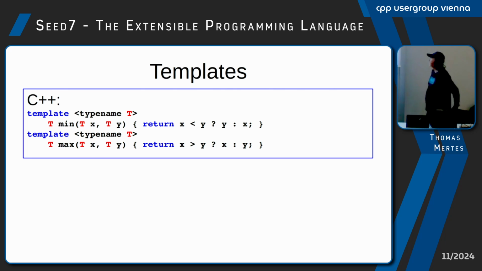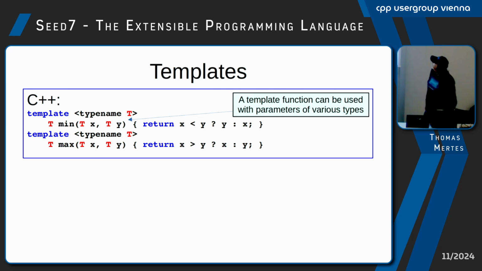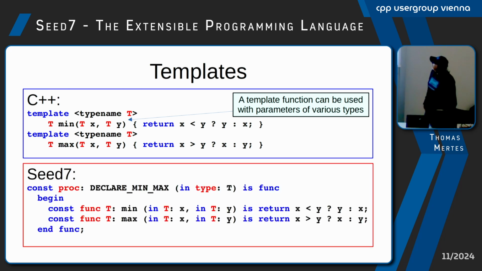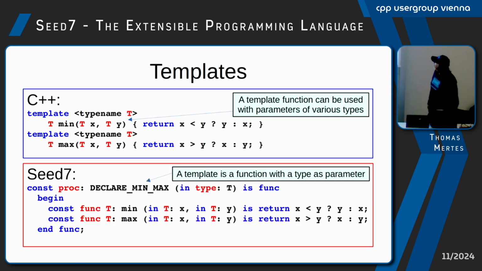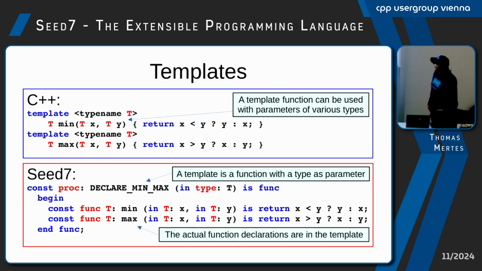And let's look at templates. So we have C++ templates, and in C++, a template function can be used with parameters of various types. In Seed7, it looks a little bit different, because the template function is a function with a type as parameter, and this function does the actual declarations.